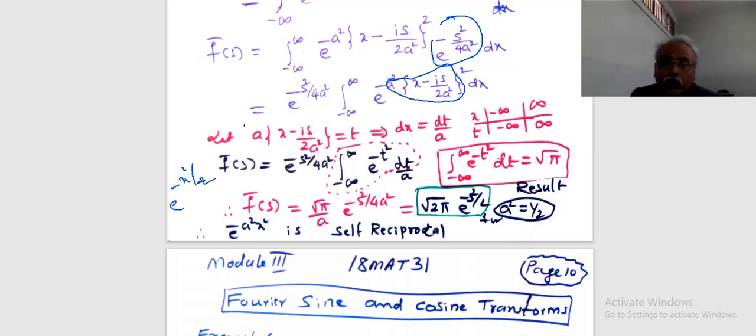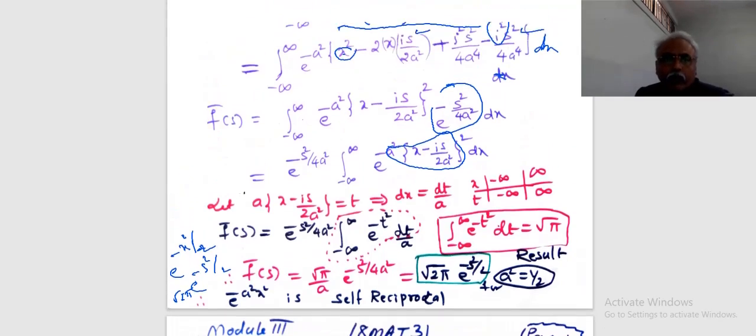And in the answer also, if I choose a square equal to half, this becomes e raised to minus s square by 2. So the structure remains the same, x becomes s, with some constant multiplied, that is root 2 pi. So you get the same thing, which means it is reciprocal, that is the meaning. So with this we will go to the next example.